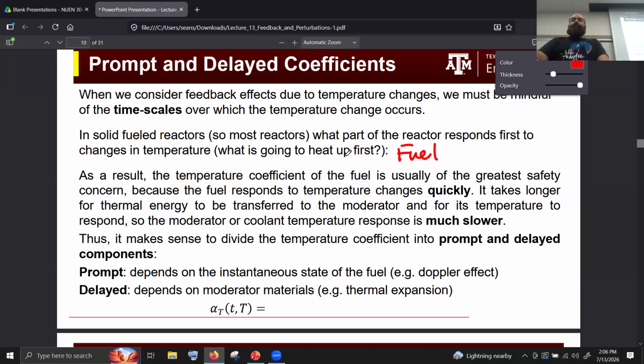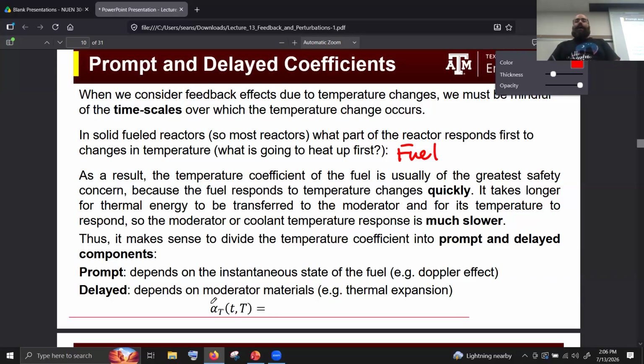So we can almost think of the fuel as being a prompt part of the coefficient, and the moderator as a delayed part of the coefficient. And the prompt coefficient, when the fuel temperature changes, is due to Doppler broadening in the fuel, whereas when the moderator temperature changes, that's mostly due to thermal expansion of the moderator.